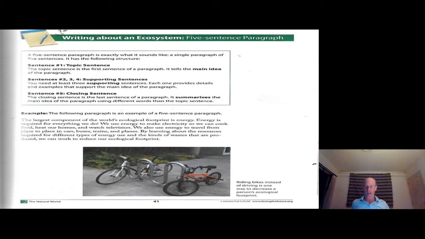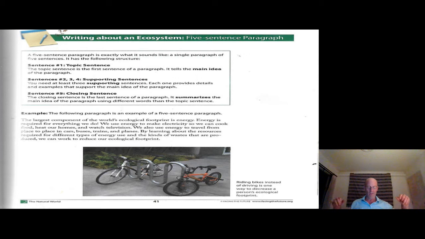So, again, if you look at this, the first sentence is the topic sentence. What is it about? Energy, okay? And how energy relates to the ecological footprint. So the supporting details: energy is used for everything, is used for electricity, is used for travel.